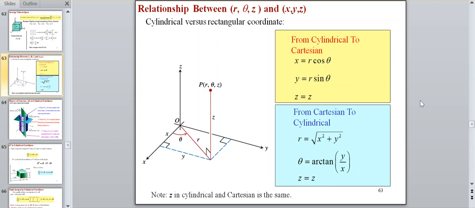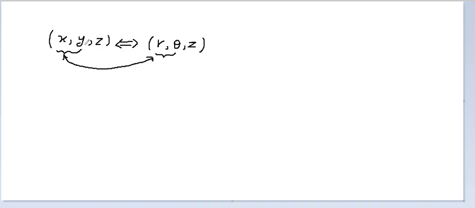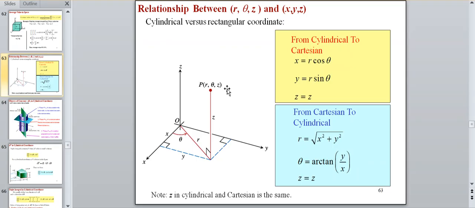So starting with the cylindrical coordinate system. Look here. Suppose that we have a point in three-dimensional space, x, y, z. Suppose that this point drops onto the xy plane.